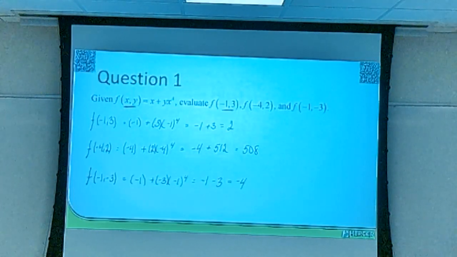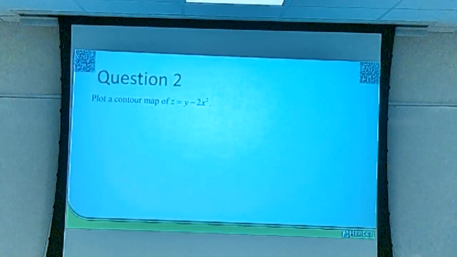Right, so evaluating multivariate functions, not that difficult. Same as with single variate. I'm going to plot contour maps. So you could try and do this by hand.